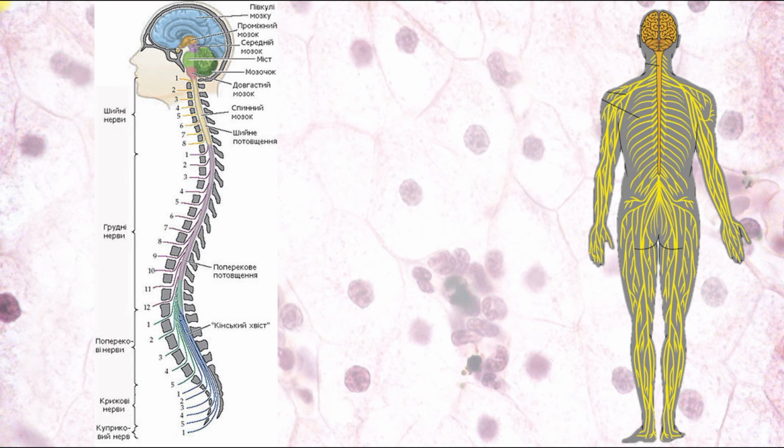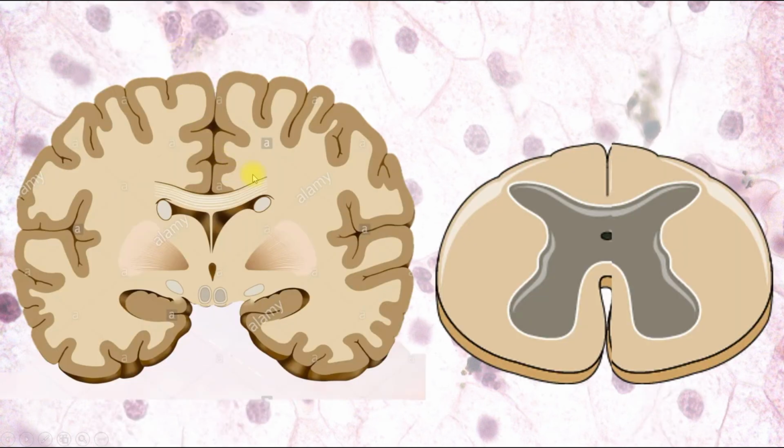As you already know, the central nervous system includes the brain and spinal cord, and they provide regulation of the main essential functions of our body. The brain and spinal cord contain two principal kinds of tissue: gray matter, which we can see here, and white matter.